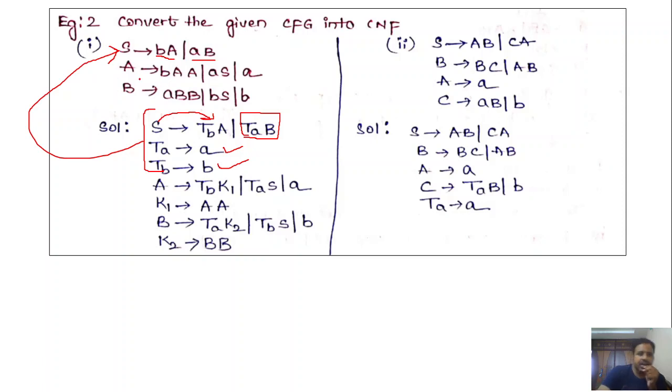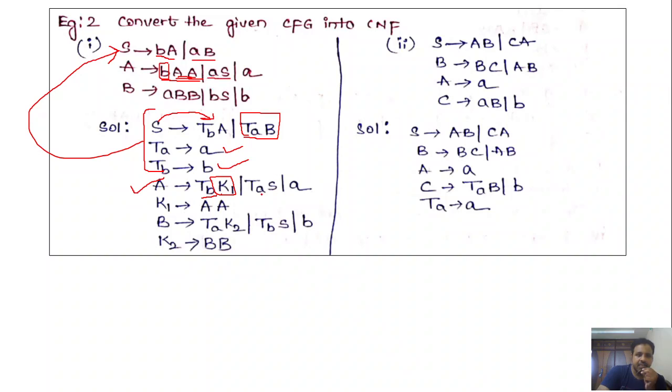Okay. Next, capital A denotes B, small b, capital AA, right? So how do we write? So first we will write A denotes, in place of terminal symbol small b, we can write TB. The remaining part, we are having the variables, those can be represented with K1. Okay, K1. Next, we are having AS.